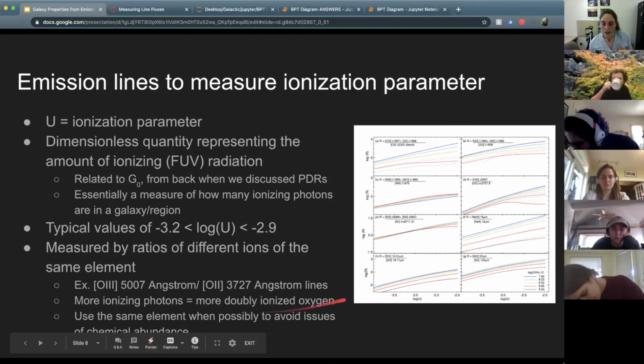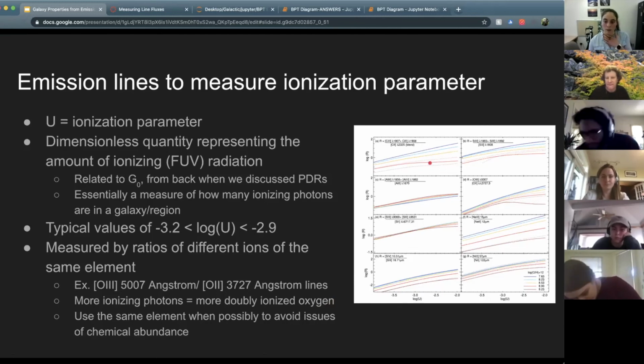So this is just showing this graph. Sorry, it's small, but this is showing measurements of U for a few different elements. We've got carbon up here, with a ratio of doubly ionized to singly ionized, so the log of the ratio is on the y-axis versus log of U on the x-axis.